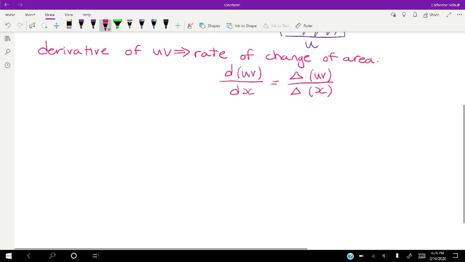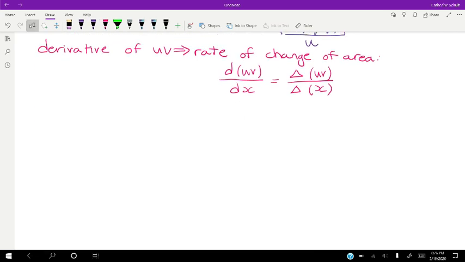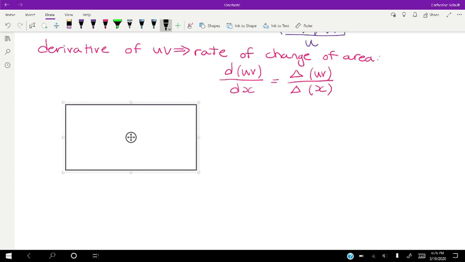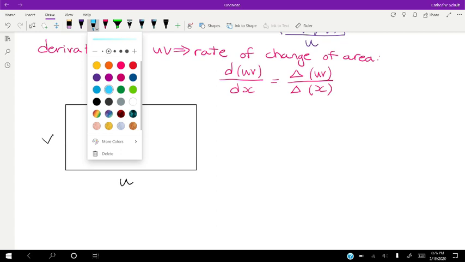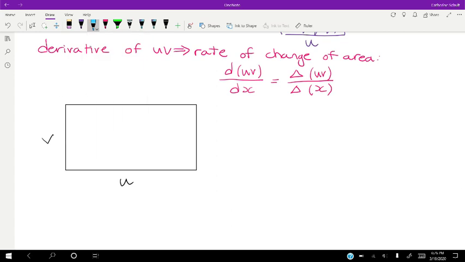So what is all of this going to look like? Well, let's redraw our rectangle. Let's see if I can draw a little bit better this time. All right, so we'll have u and v over here. Then let's do the change of both these things.